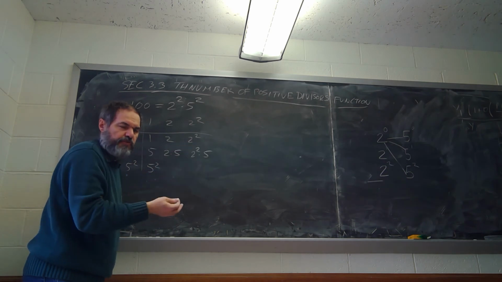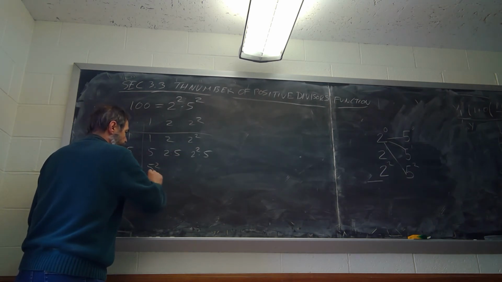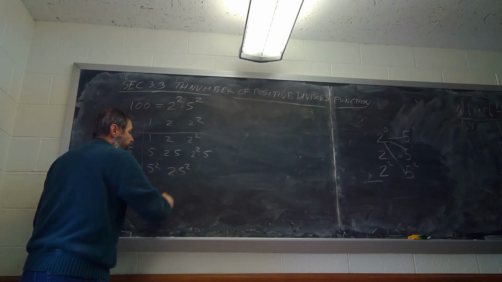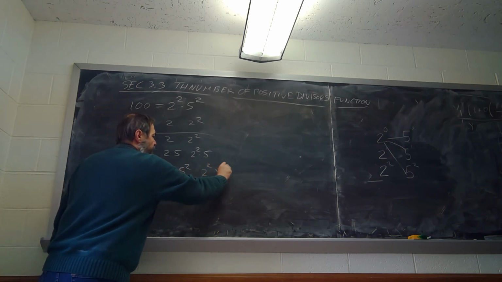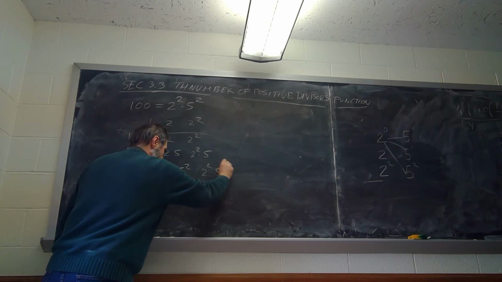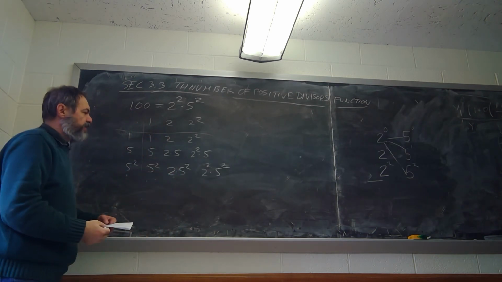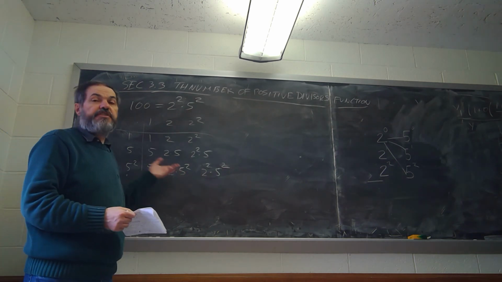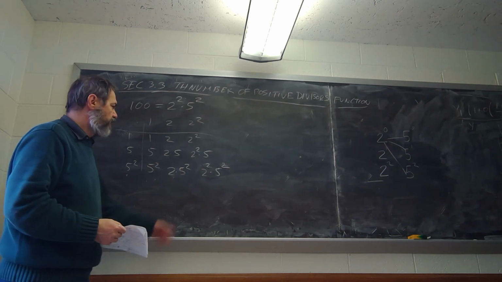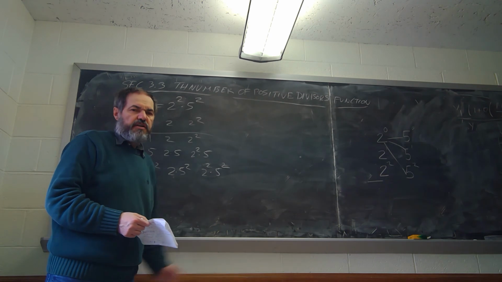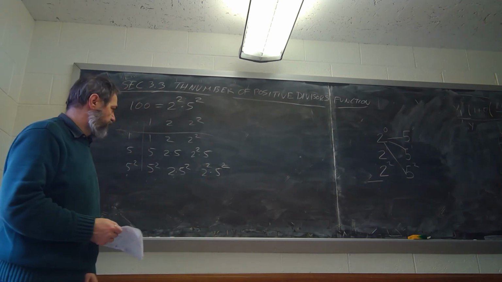We had 20 before. Next one. 5 squared we had, it's 25. 2 times 5 squared, that's 2 times 25, that's 50. We had 50. And 2 squared times 5 squared, that's the given number, that's 100.